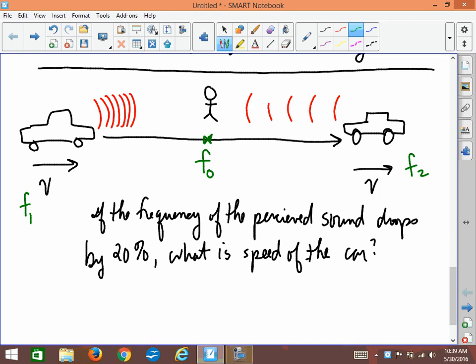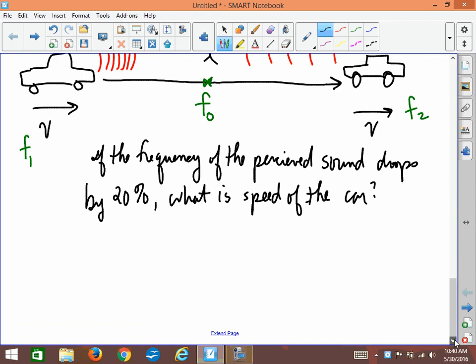And what we're going to try to do is come up with something that will allow us to figure out the speed of the car. And of course, we'll use our speed of sound as 340 meters per second. So, let's think about the two Doppler shifts that we could write. We could write the first Doppler shift using the original frequency in F1, like this.